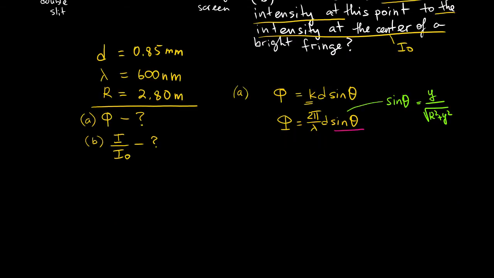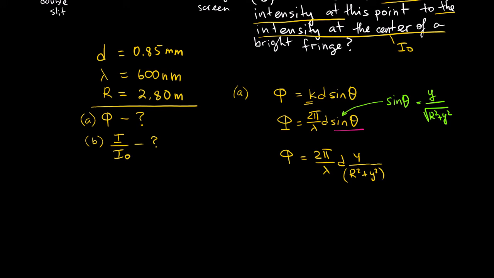Now let's plug this into our expression for the phase difference and rewrite it again. So we will have phi equals 2 pi over lambda d y over r squared plus y squared. Well, what we can do is plug in the numbers and move on. But in physics, before blindly plugging in the numbers, we would like to simplify things a little bit.